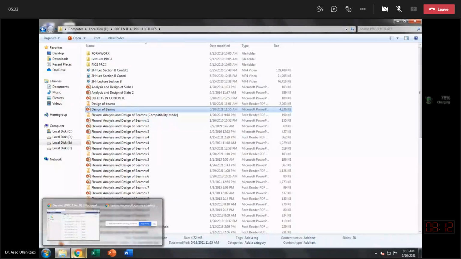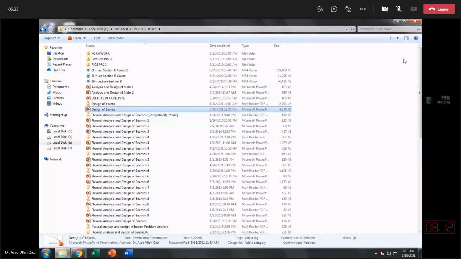As up till now we discussed analysis and design of rectangular singly reinforced beams, and in our discussion we considered for design problems a directly given uniformly distributed load. So there was no discussion how we got that uniformly distributed load.